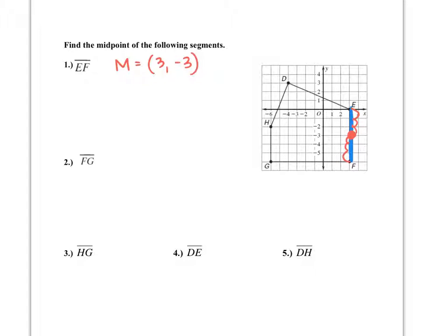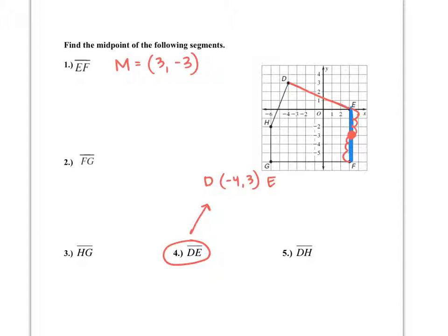So for example, let's say DE. Let's jump down to that one. Well, this is going to be a little bit harder to find the midpoint of just by counting. So for this one, I'm going to identify where D is, which D is at the ordered pair (-4, 3). Make sure you list that carefully.